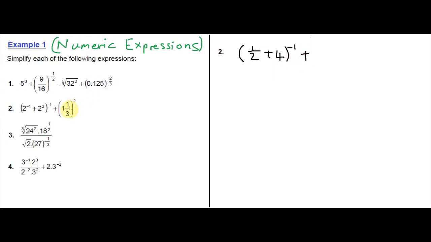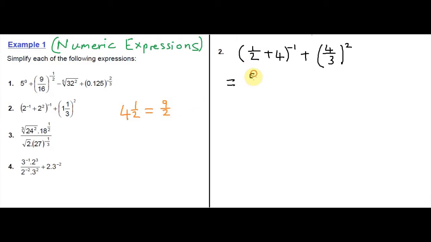We're going to write 1 1/3 as a proper fraction. So 3 times 1 is 3, plus 1 is 4. So it's 4 over 3, and that's squared. Then we can add a half and 4. So that's 4 1/2. And in writing 4 1/2 as a proper fraction, 2 times 4 is 8, plus 1 is 9. So it's 9 over 2.